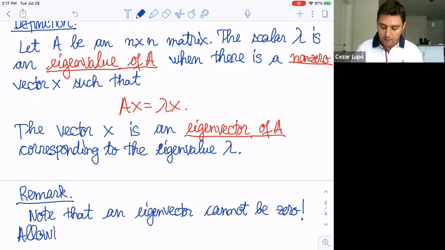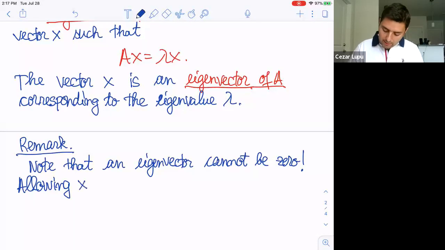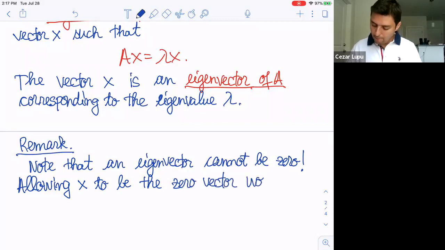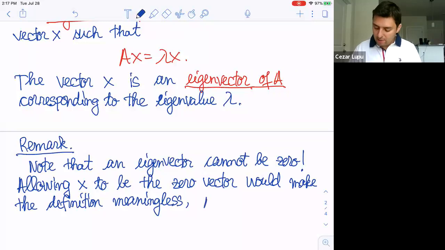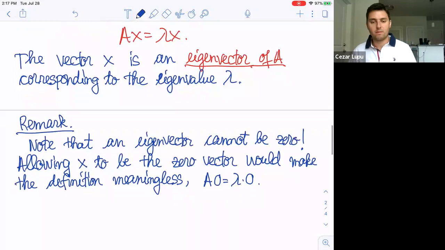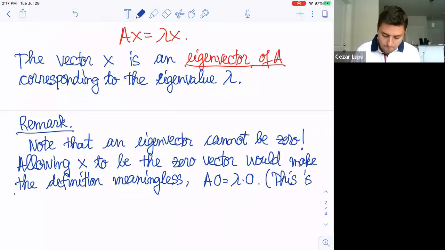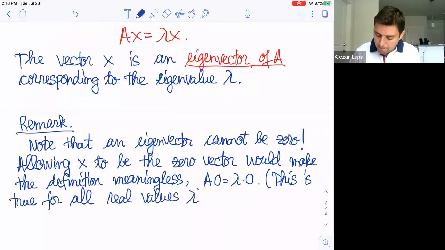Allowing x to be the zero vector would make the definition meaningless, because A times 0 is always going to be lambda times the zero vector. That's true for all real values lambda, right? Okay. Now let's see some examples.